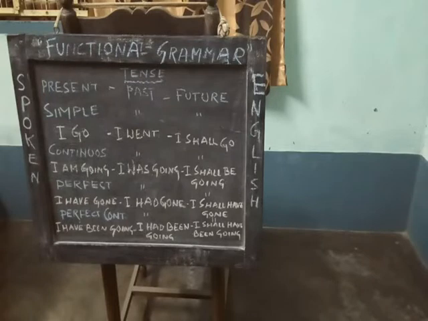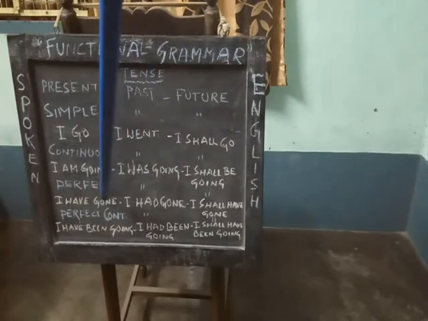Once again I am repeating so that you can understand it in a better way. Any action which has been completed, finished, or done, and little time back also, this can be identified as present perfect tense.